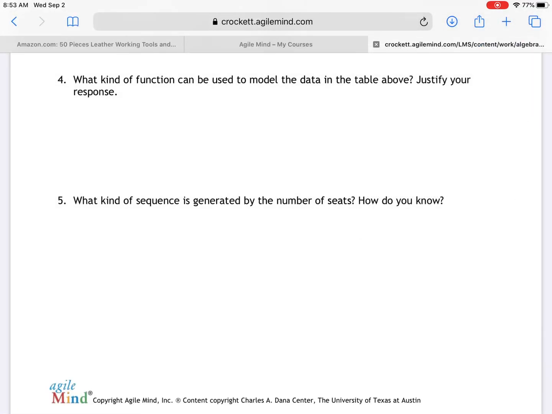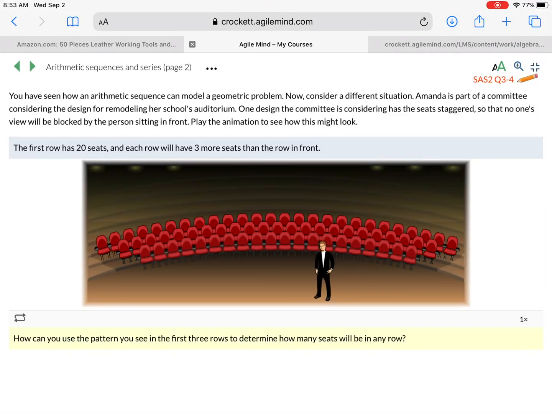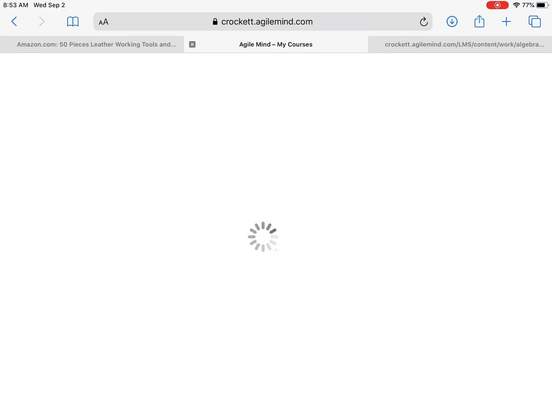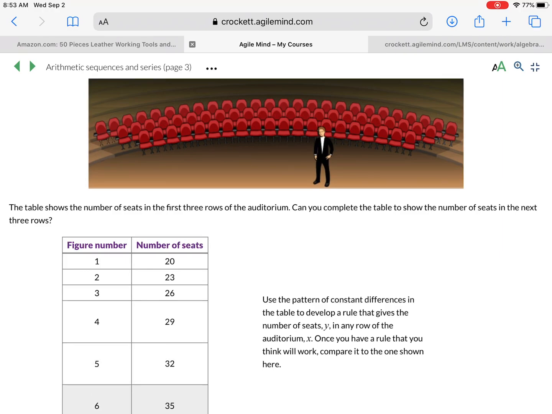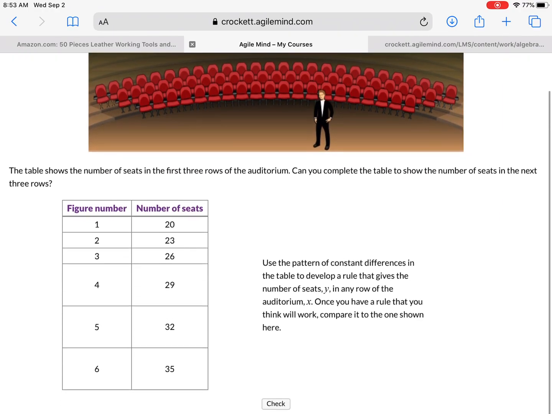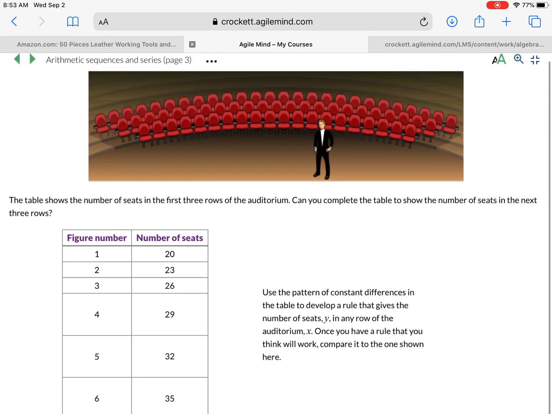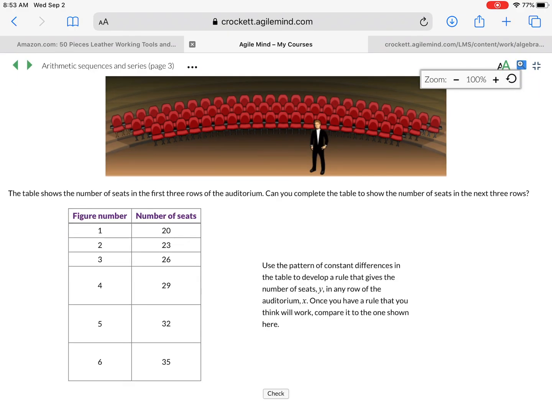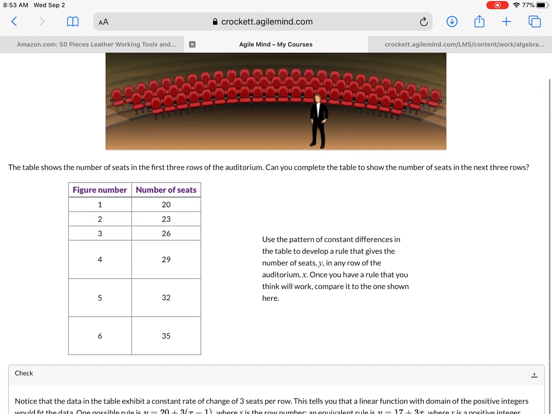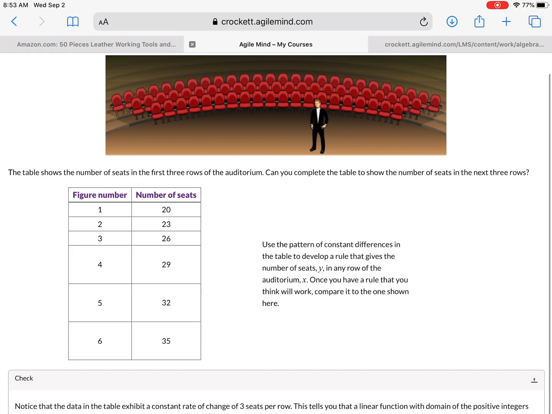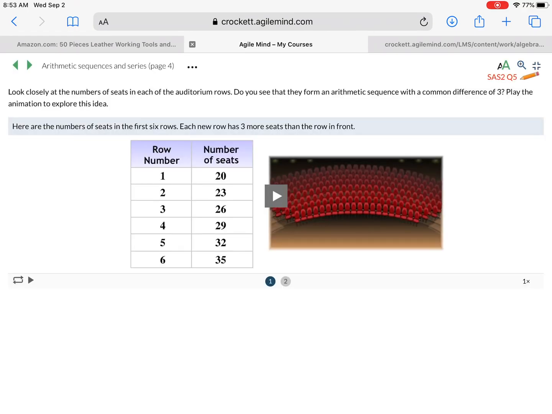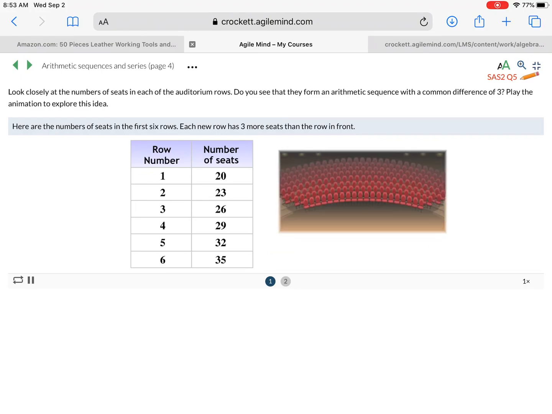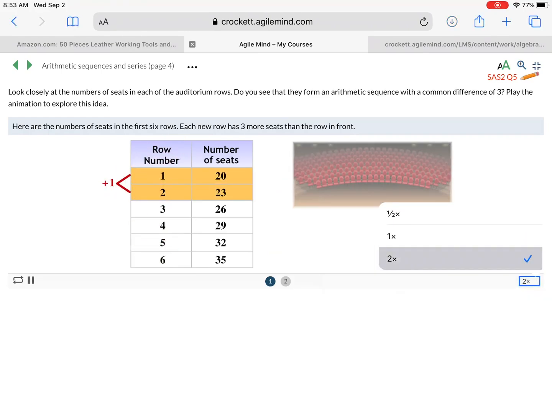Moving on. Let's go back to Agile Mind. And I want you to click over to, if you want to click through your thing, let me zoom out. It shows you how to work everything, okay? We're playing our animation.